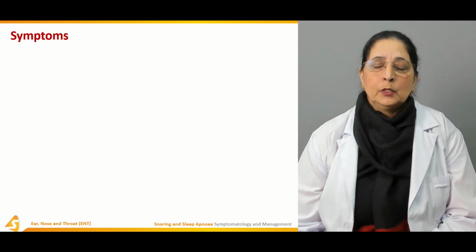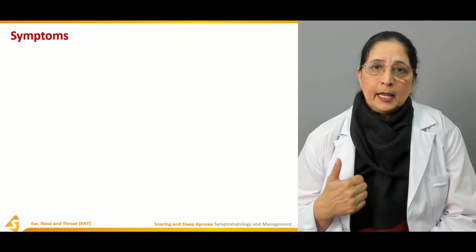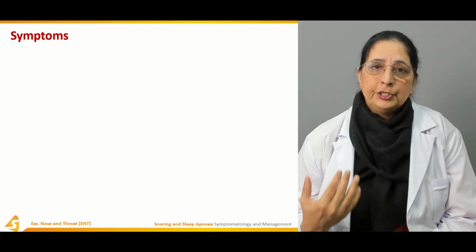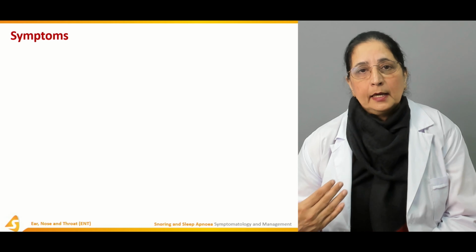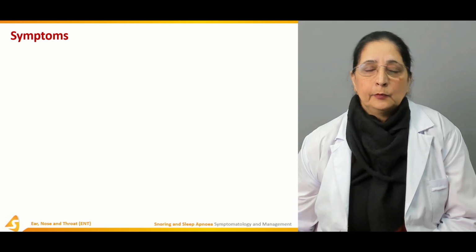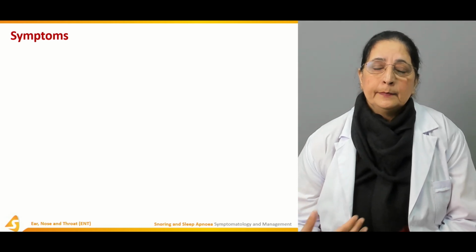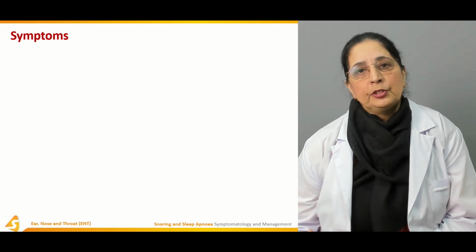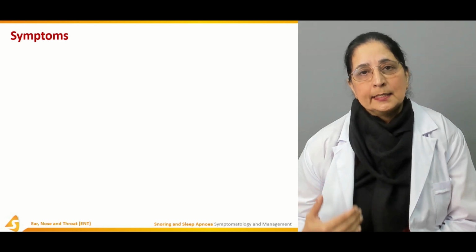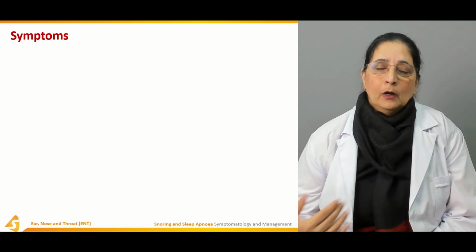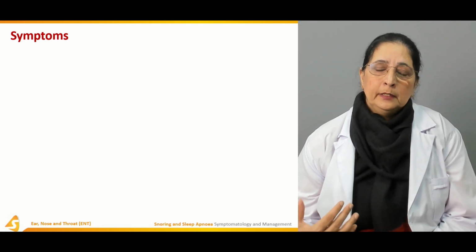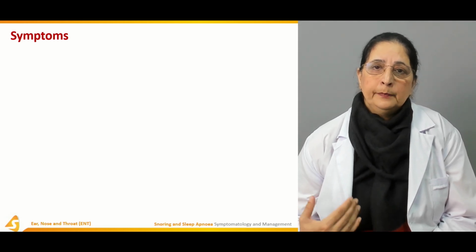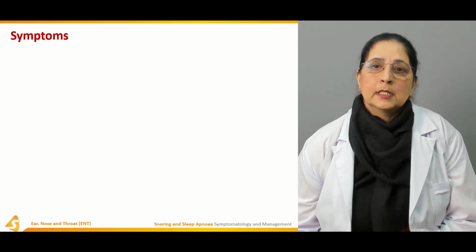Symptoms associated with snoring. These are the symptoms which the patient tells the doctor about, because snoring usually occurs during sleep at home, and people are usually not the observers of their own snoring.